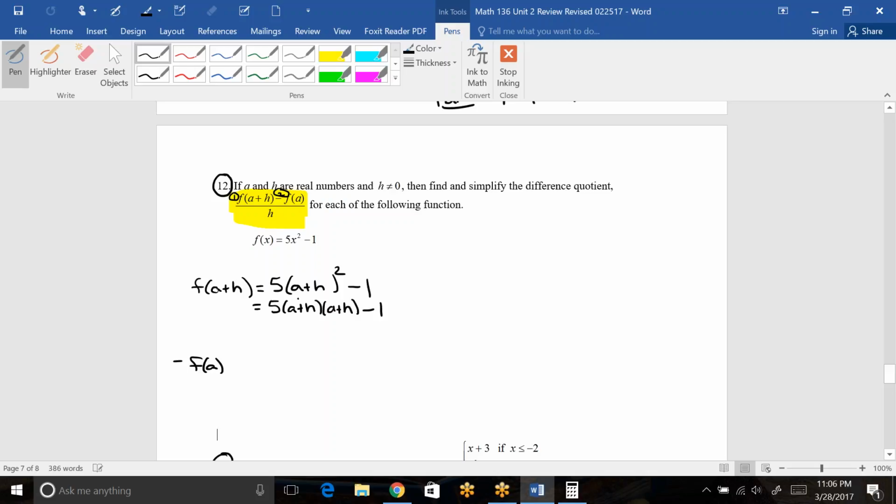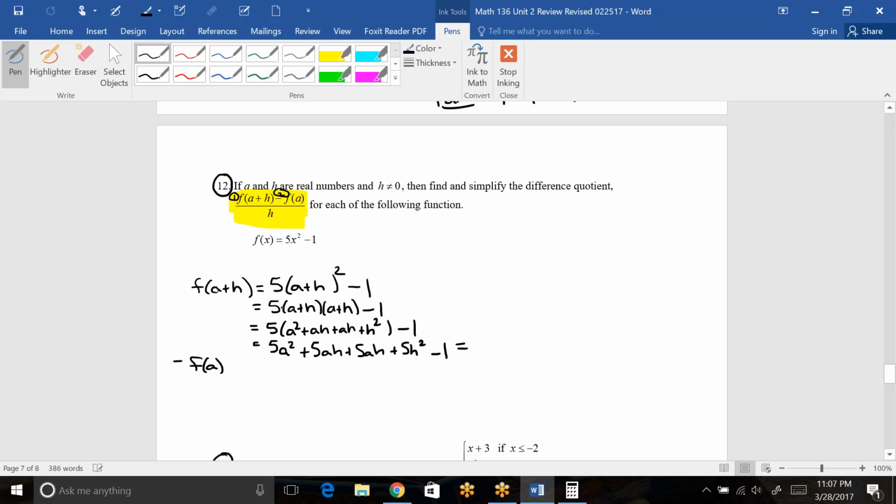When there's a number out front, you want to FOIL first, then distribute the 5. So this would be a squared plus ah plus ah plus h squared. And we have our -1. And so this would be 5a squared plus 5ah plus 5ah plus 5h squared, and we still have a -1.